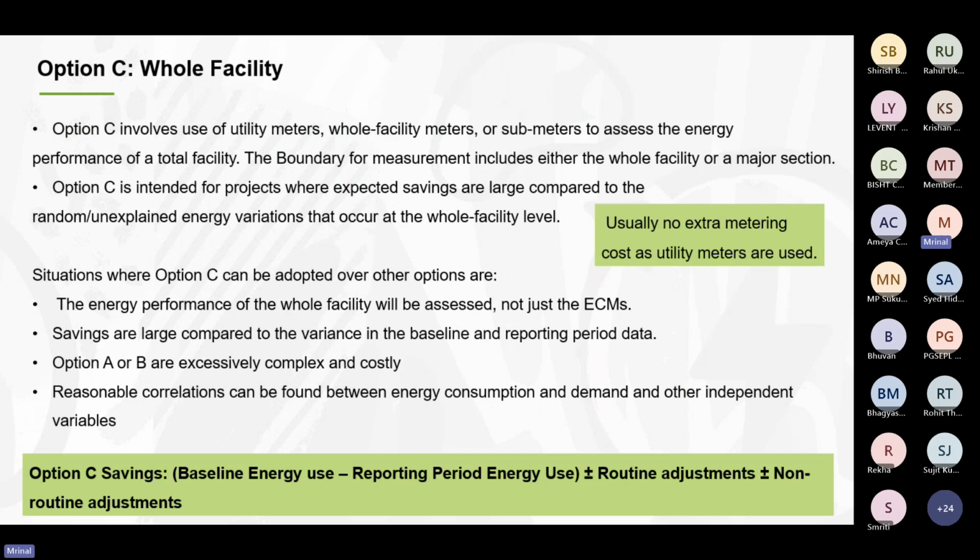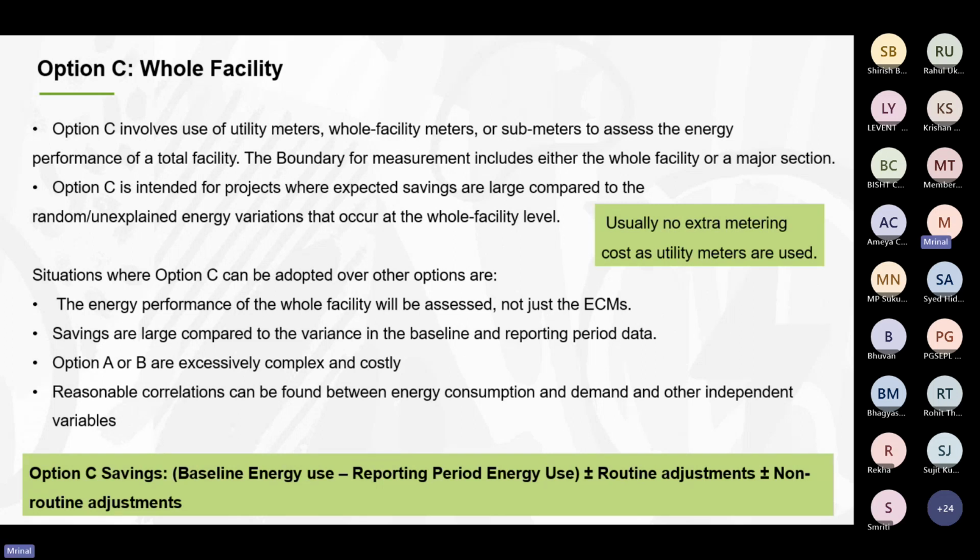Now in option C, we have to do the whole facility. This involves use of utility meters, whole facility meters, or sub meters to assess the energy performance of a total facility. Now the boundary for measurement in this case includes either the whole facility or a major section of the facility. So this is applicable for those projects where expected saving is large compared to the unexplained saving.